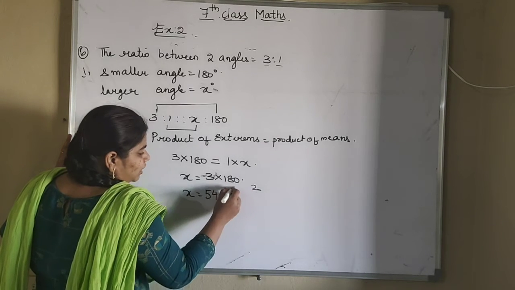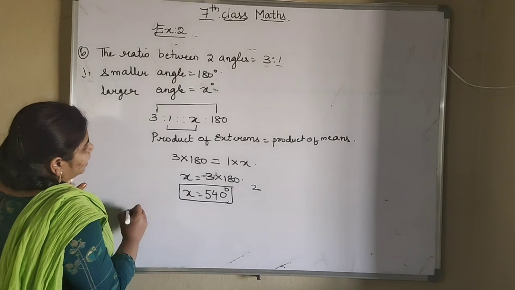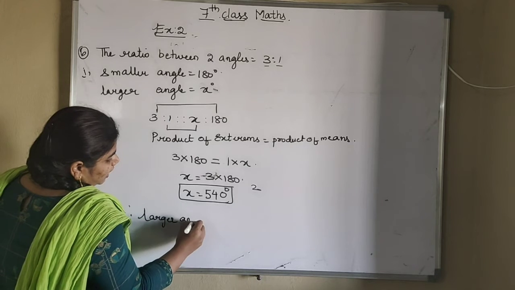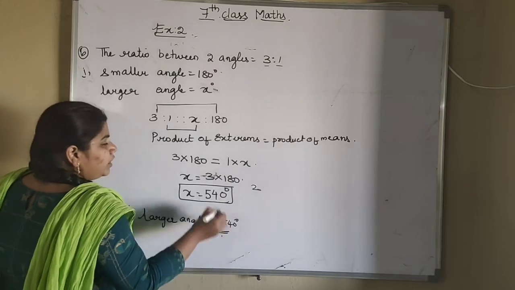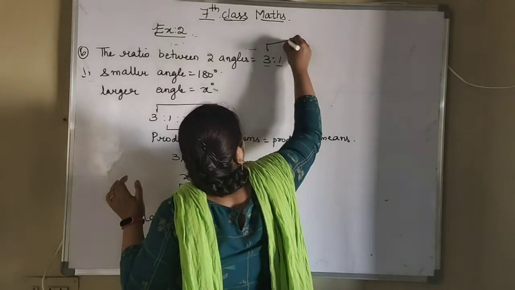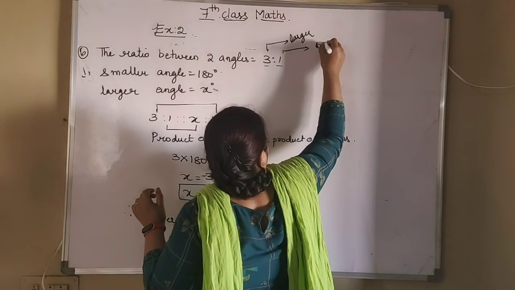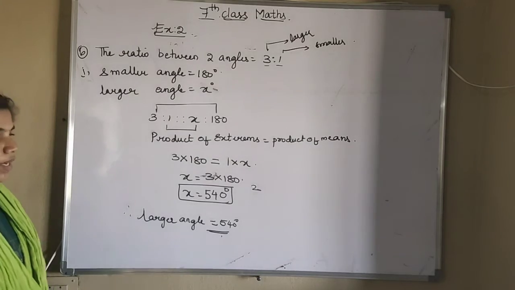So you got the larger angle as 540. Therefore, larger angle is equal to 540 degrees. So this is the larger one, this is smaller. Okay, so this is the first bit.